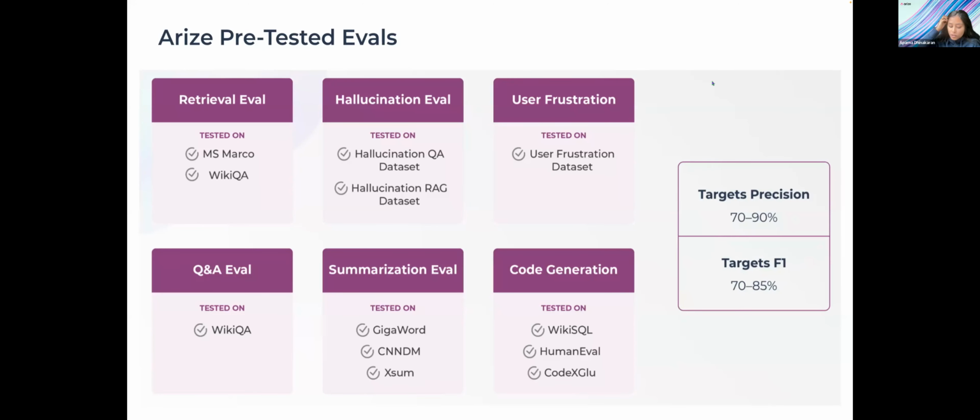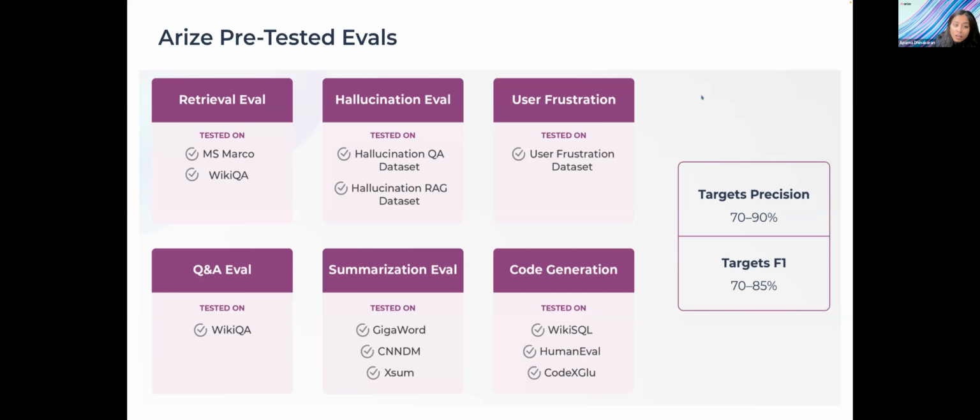For example, some of our users have applications that are exposed to children, and they want to make sure the application isn't toxic in any way. Other common ones are Q&A and summarization, but it also supports custom. If there are very nuanced, specific things that matter to your application, you can absolutely go in and modify it.